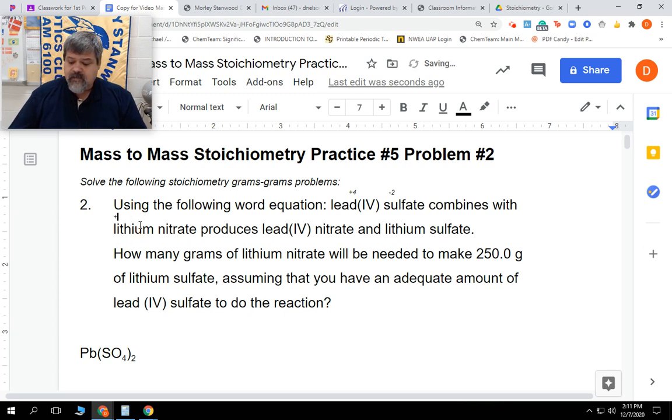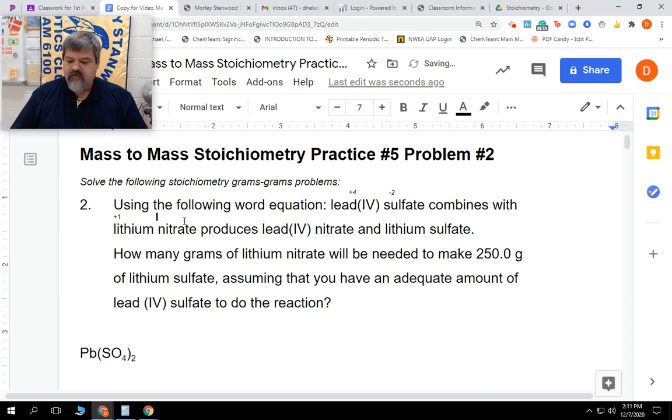So that's going to react or combine with lithium nitrate. Lithium is a +1. The reason we know that is it's in column 1 of the periodic table. With it being in column 1, we know that it has 1 valence electron, which it loses, going from neutral to a +1. Our nitrate, if we look at our polyatomic ion sheet, we'd find out that it's NO3, but it's a -1.